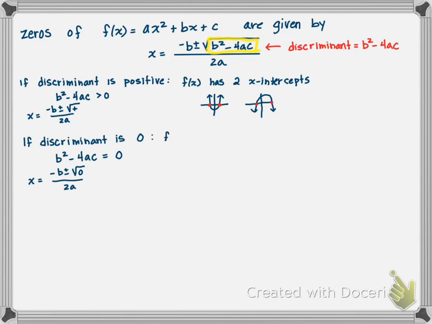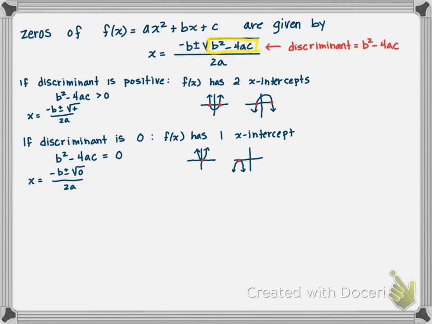So f of x has one x-intercept. This is going to look like this, or like this, where it just touches the x-axis one time.